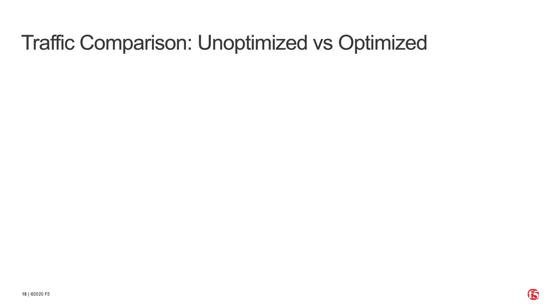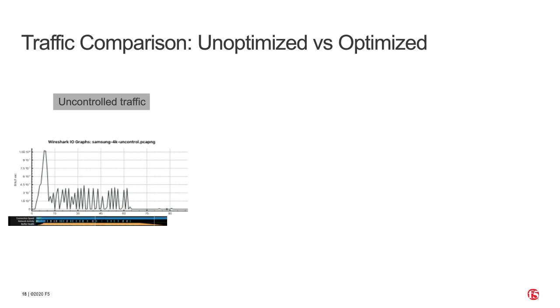What we did was start with an unoptimized, uncontrolled traffic use case test. We captured the flow, and we got the first graph. What we saw on this graph was that the peak of the bandwidth was 110 megabit per second. This line actually was a fixed line which was able to reach over 320 megabit per second.